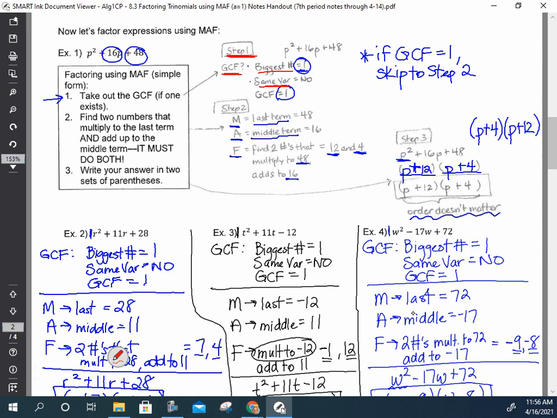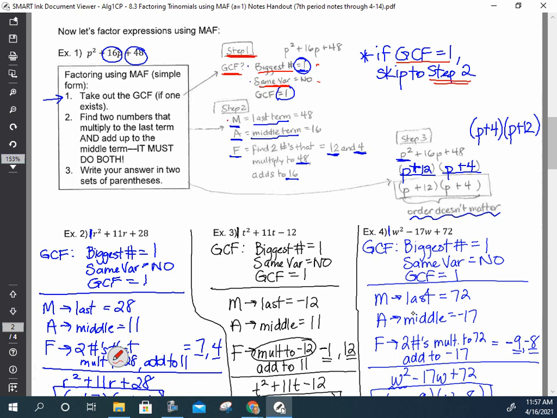If they have the same variable, you take it out, and then you multiply those parts together. The key thing here is if the greatest common factor is 1, then we just go right ahead and skip to step number 2. You can't take anything out other than 1, so you just go on to step number 2.